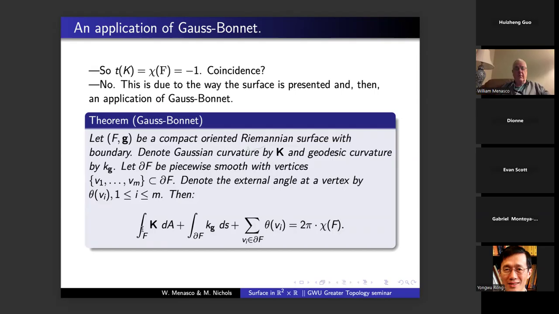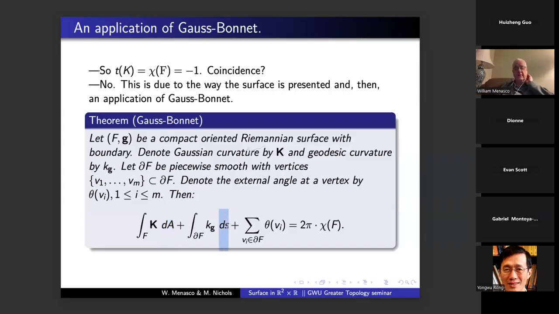So this right here is the integral of the Gaussian curvature over the surface everywhere. If we were to talk to our third semester calculus students, that would be a double integral or surface integral, with the area form right there.